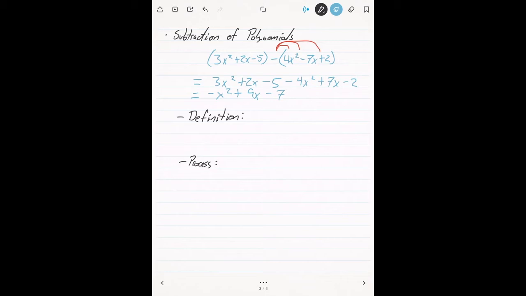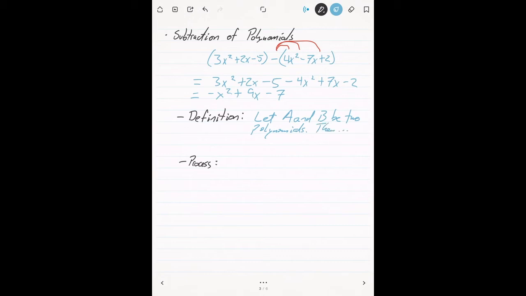We've just performed subtraction on two polynomials. The definition for subtracting polynomials, I really like it because it highlights the simplicity of what's going on here. The definition says, let A and B be two polynomials, any two random polynomials.